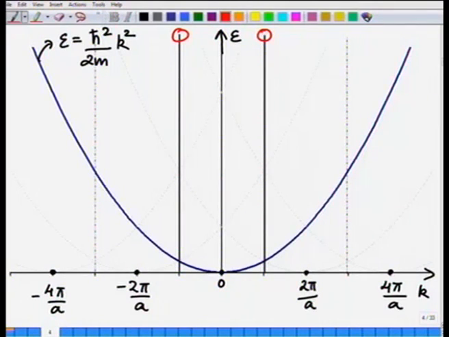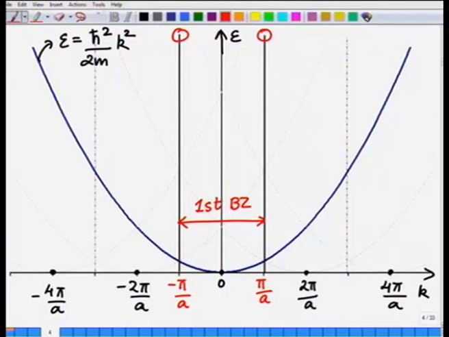Here is my pi by a, and here is my minus pi by a. This is my first Brillouin zone, which I showed you just a second ago. I want to show you that everything can be plotted in here.